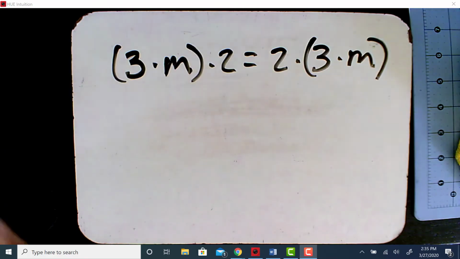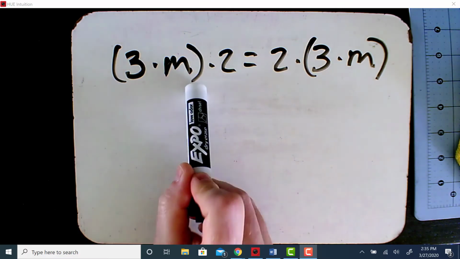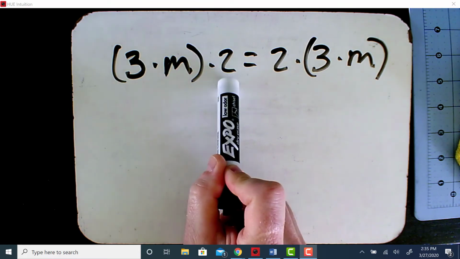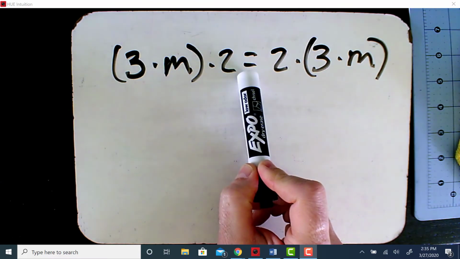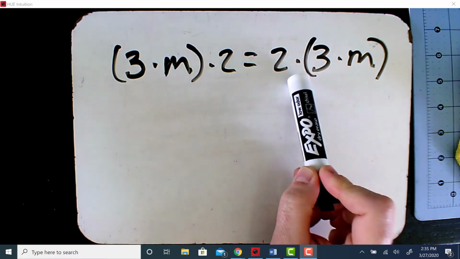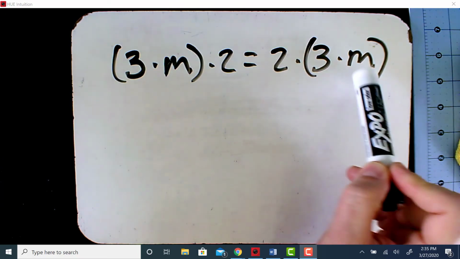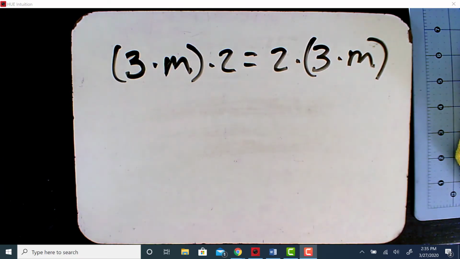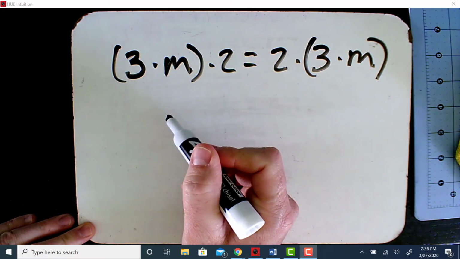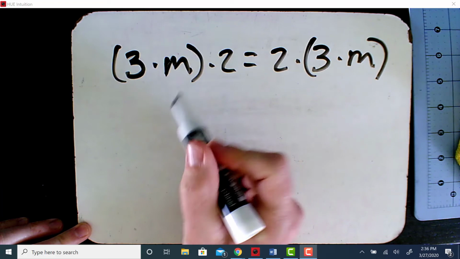Here's another example problem. We've got parentheses around our 3 times m times 2, and we say that this is equal to 2 times parentheses 3 times m. What property is being applied here? And I bet a few of you might get tricked on this one. If we look at the problem, we see that the parentheses didn't move.